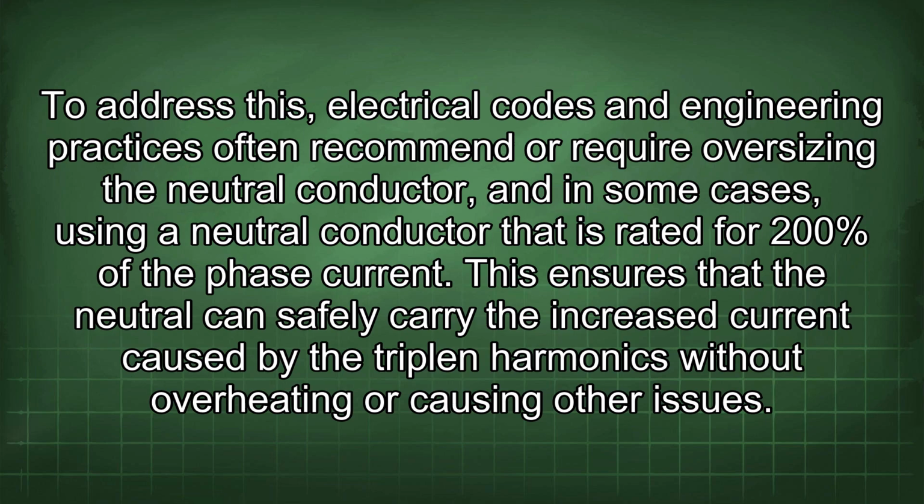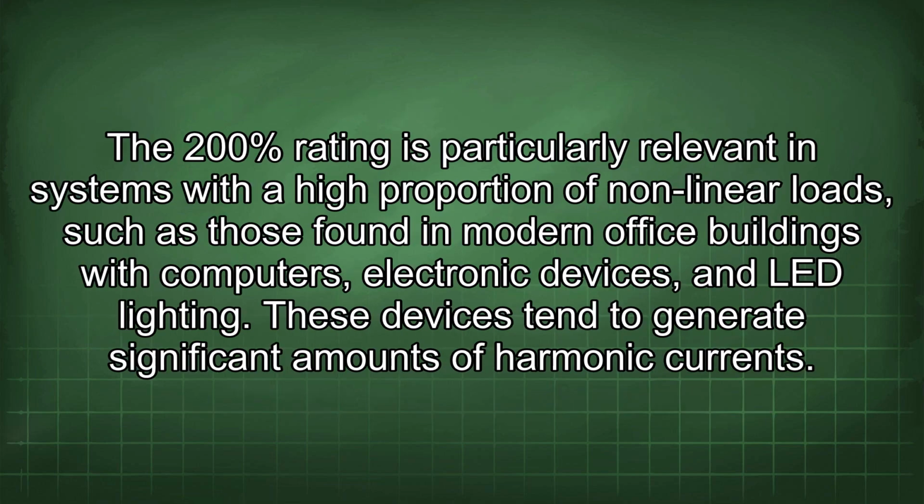This ensures that the neutral can safely carry the increased current caused by the triplen harmonics without overheating or causing other issues. The 200% rating is particularly relevant in systems with a high proportion of nonlinear loads, such as those found in modern office buildings with computers, electronic devices, and LED lighting. These devices tend to generate significant amounts of harmonic currents.